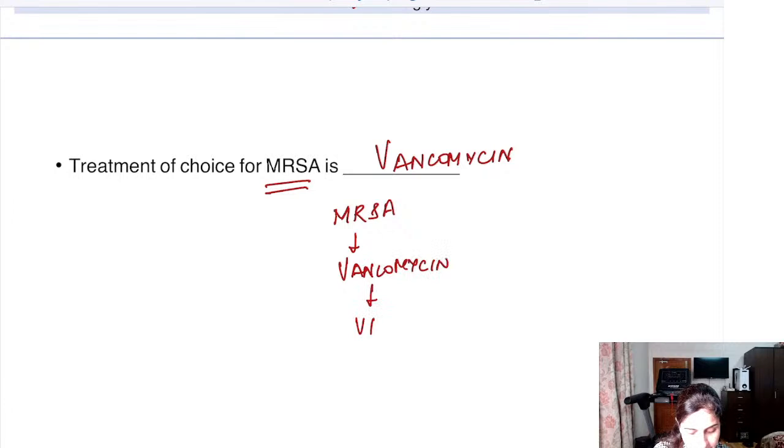But if it becomes VRSA, then another drug is needed. MRSA means vancomycin. So if there is VRSA, then another drug is there. One drug is for MRSA, and another drug for VRSA.